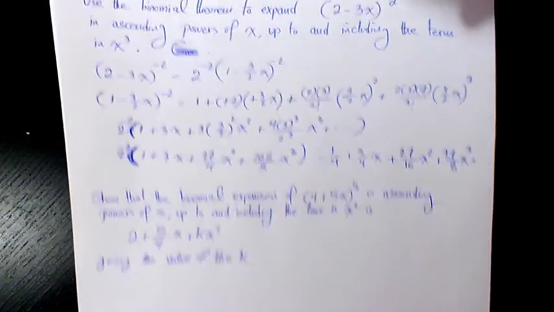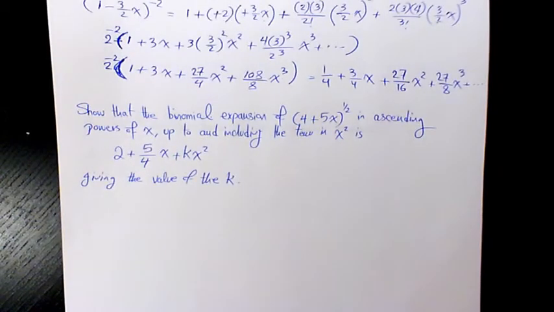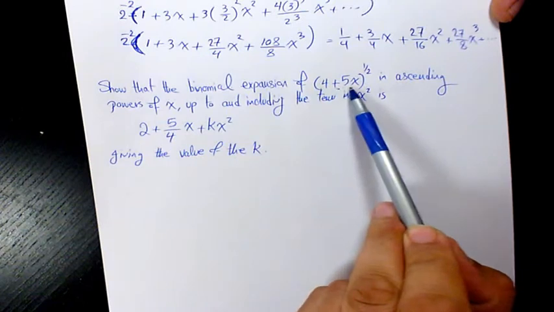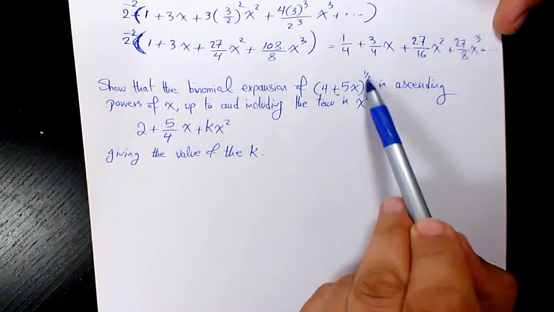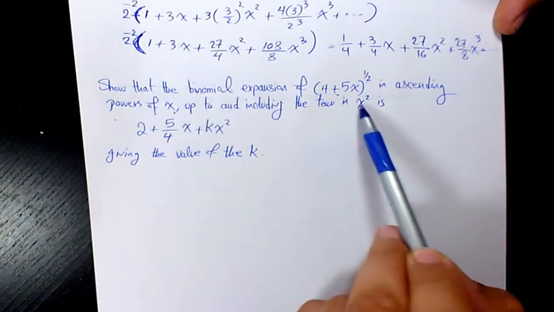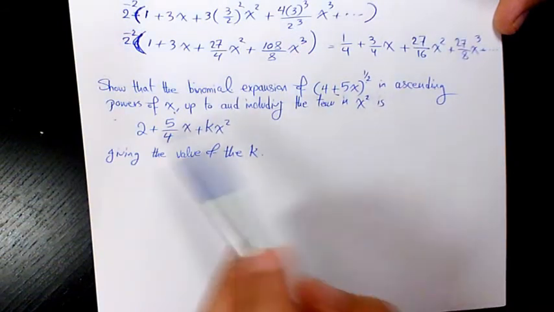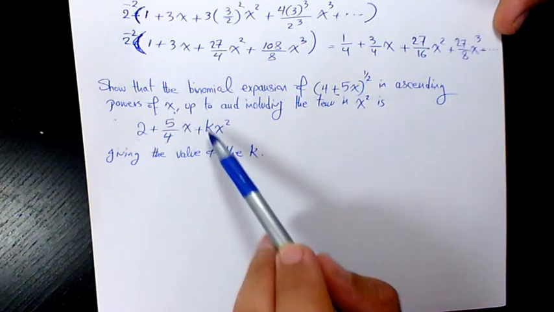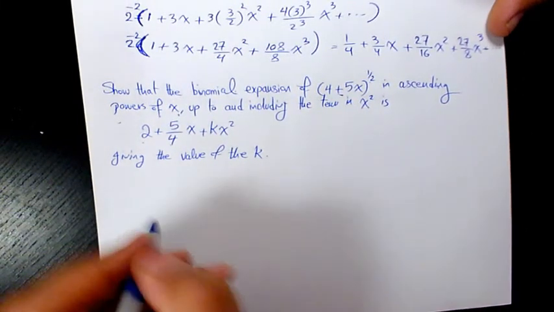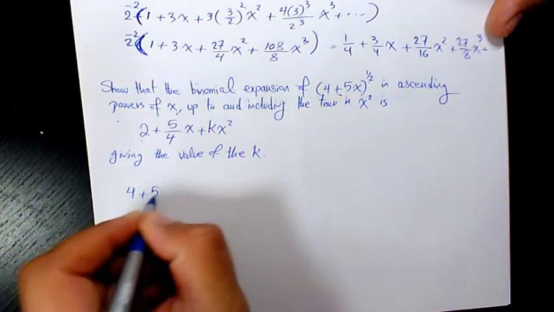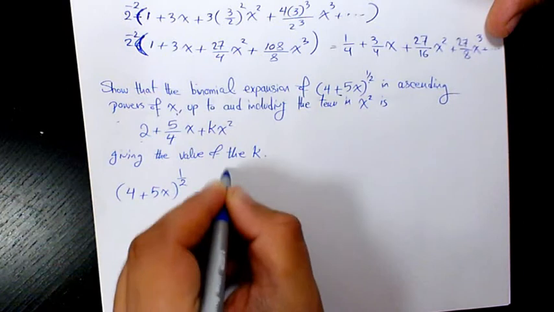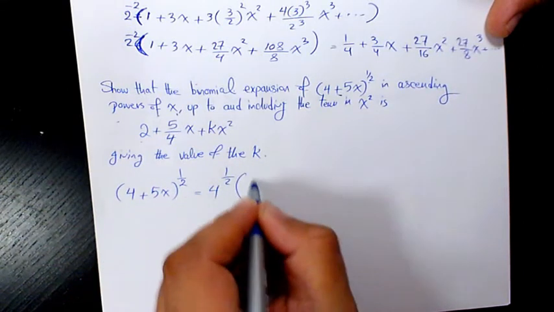Now let's look at the next example. Next example, it says show that the binomial expansion of 4 plus 5x to the power of 1 over 2 in ascending powers of x up to and including the term x squared is 2 plus 5 over 4x plus kx squared. You need to find out the value of k. So 4 plus 5x to the power of half. I take 4 to the power of half out.